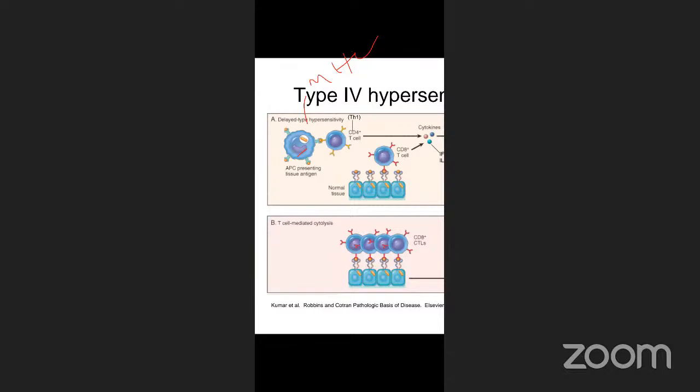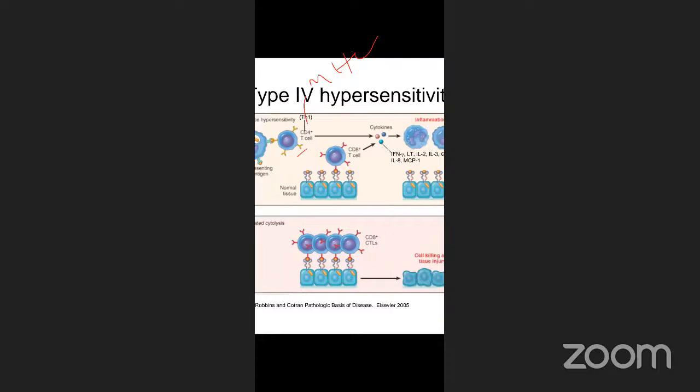Further sensitization is enhanced by cytokines secreted by the antigen presenting cell or by the TH cell itself. By taking the signal from the antigen presenting cells or from its own chemical molecules, it gets further activated.